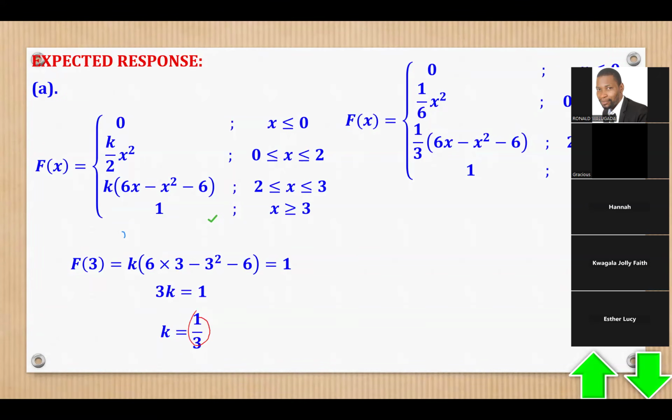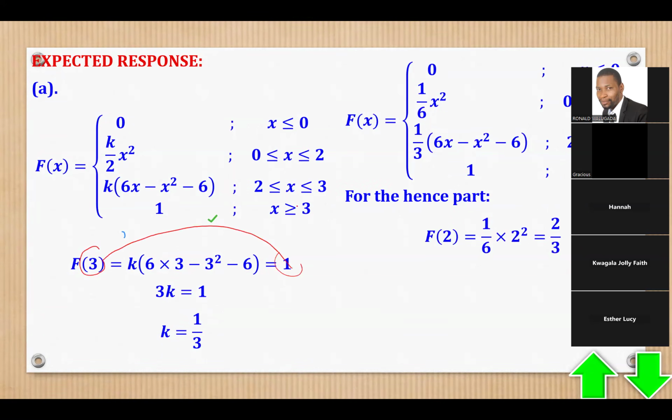So put 1 over 3 here, you'll come up with 1 over 6 x squared. Put 1 over 3 here, you'll come up with this expression. Then I'll need to get... I already know the value of f(3) is 1. Okay, so f(3) is 1, but I don't know the value of f(0), f(0) is 0, because it is the same as this.